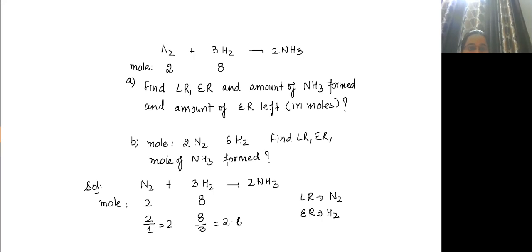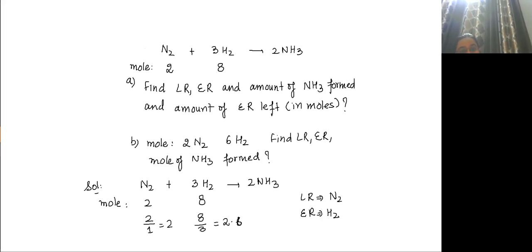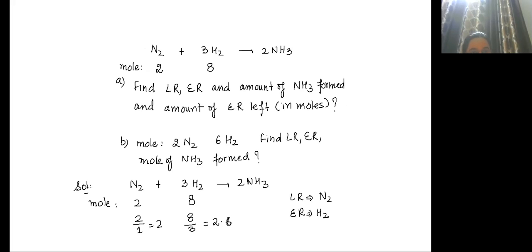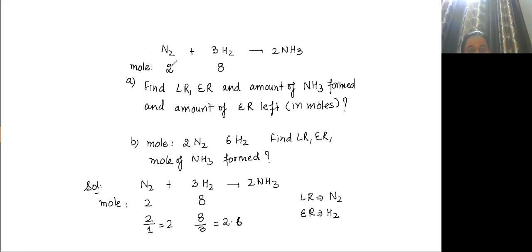So N2 plus 3H2 gives 2NH3. Which will decide the amount of NH3, N2 or H2?